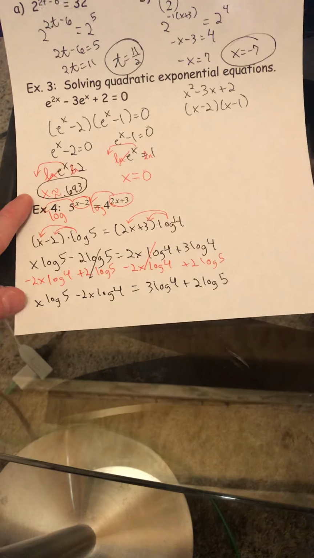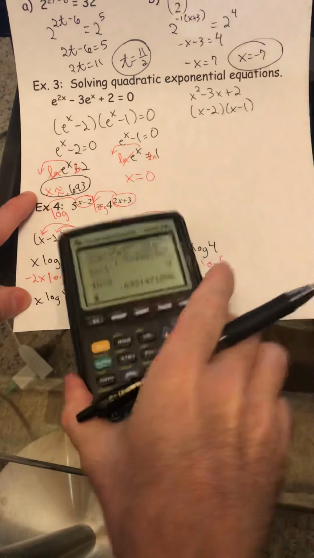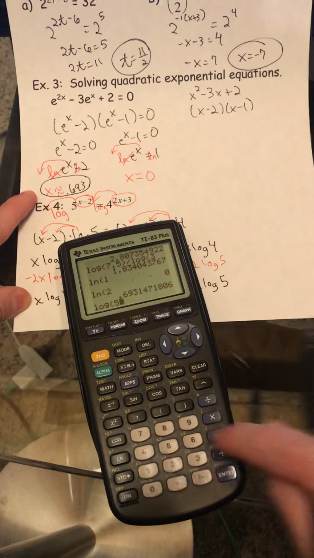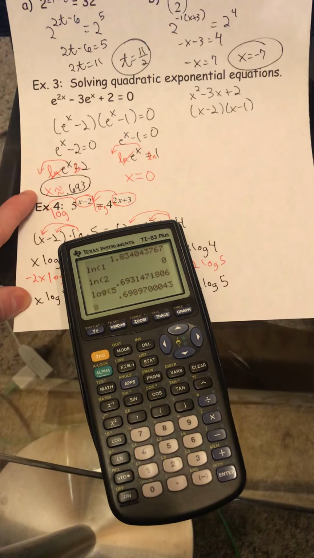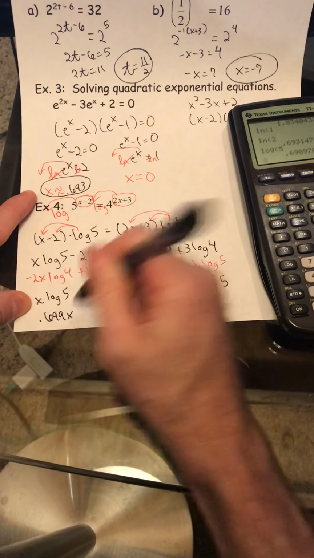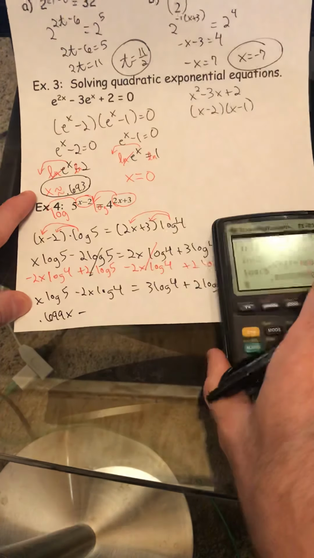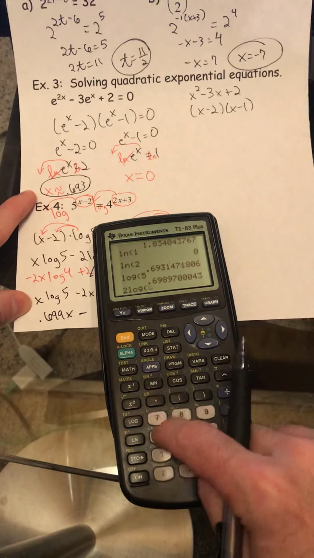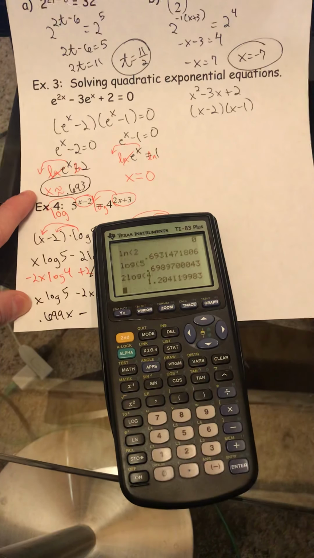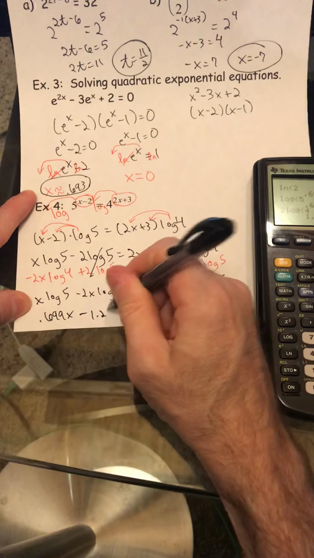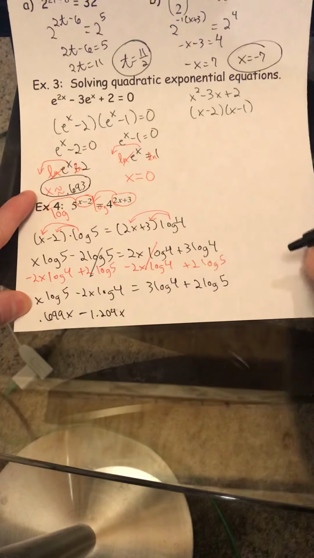Well, x times log 5. I have no idea what log 5 is. 0.699. So this is 0.699x minus 2 times log 4, 1.204x.